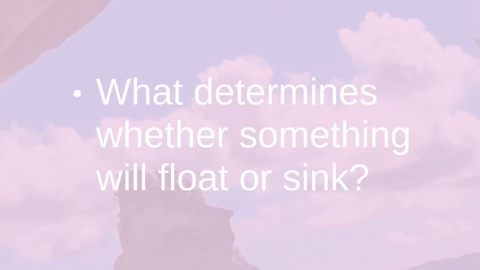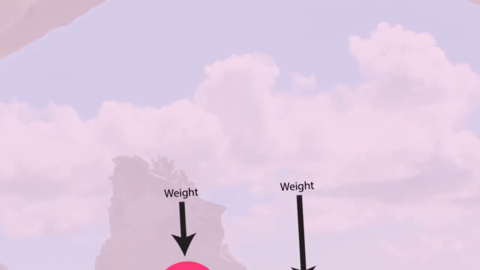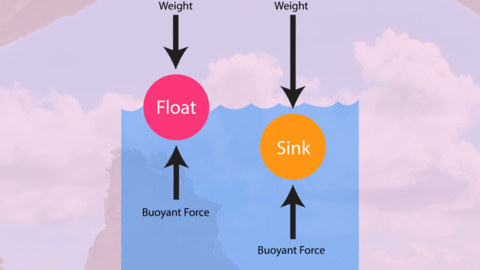What determines whether something will sink or float? We talked about this a little bit, but another word besides displacement is buoyant force. So in this picture, if the buoyant force is greater or stronger than the weight of an object, the object will float. So on the left side, that's what's happening. The buoyant force is greater than the weight of the object.